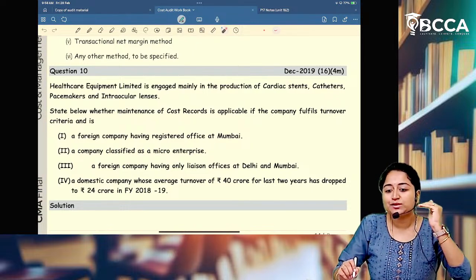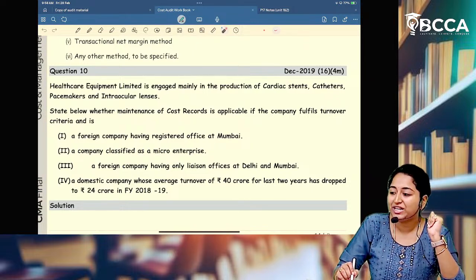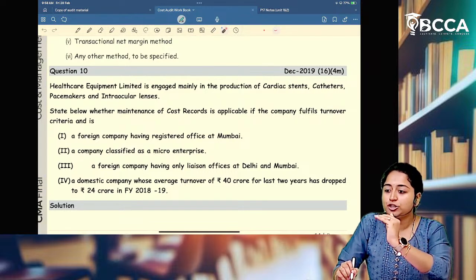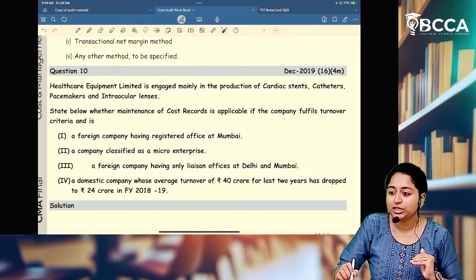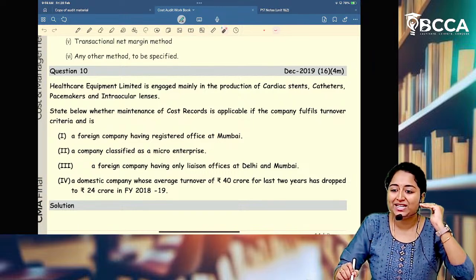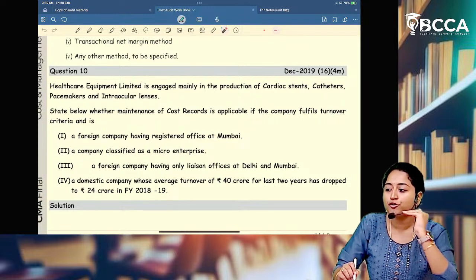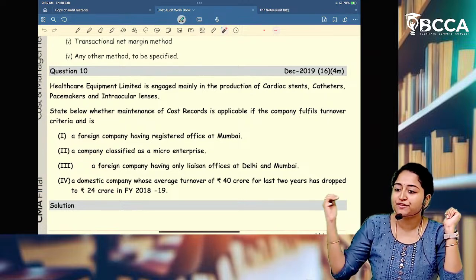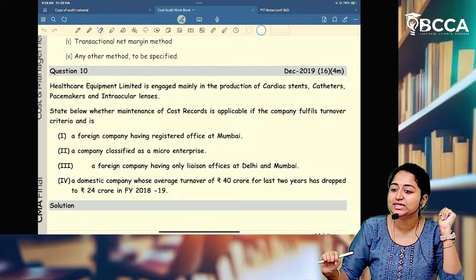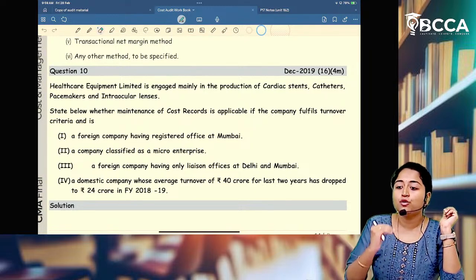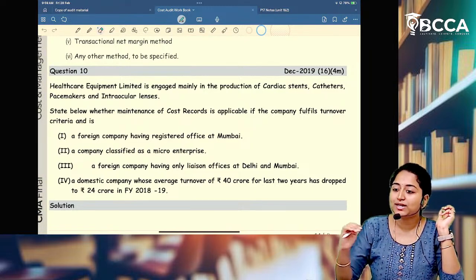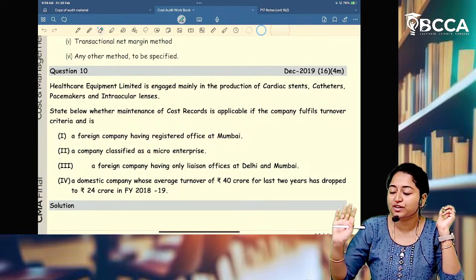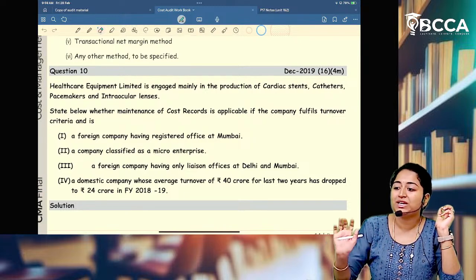As per the Companies (Cost Records and Audit) Rules 2014, rule 3 talks about what? Maintenance or applicability of cost records, and this is the particular provision. What it talks about: any company, whether domestic or foreign, which is engaged in specified goods or services which are specified in regulated sectors and non-regulated sectors, and if its overall annual turnover from all products and services in the immediately preceding financial year is more than or equal to 35 crores, then such companies have to maintain cost records.